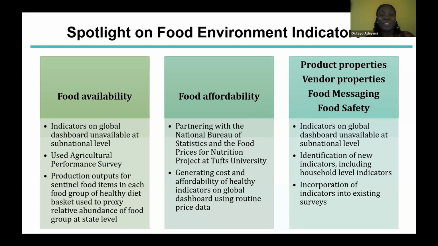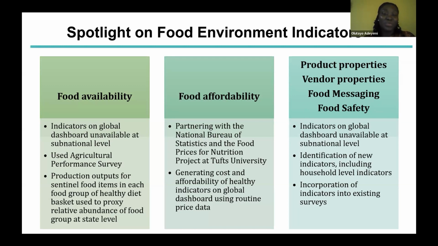And then for affordability, we partnered with the National Bureau of Statistics and the Food Prices for Nutrition project at Tufts University. The Food Prices for Nutrition project is helping us use routine data from the Bureau of Statistics to generate nearly all the food affordability indicators on the global dashboard.